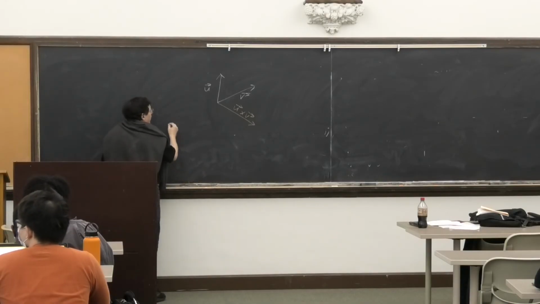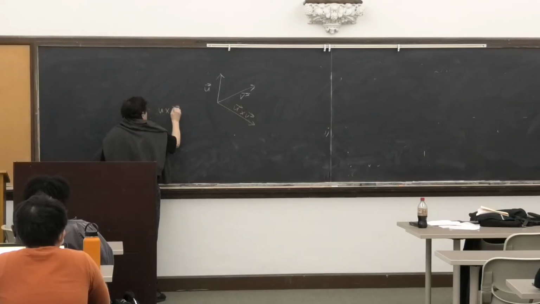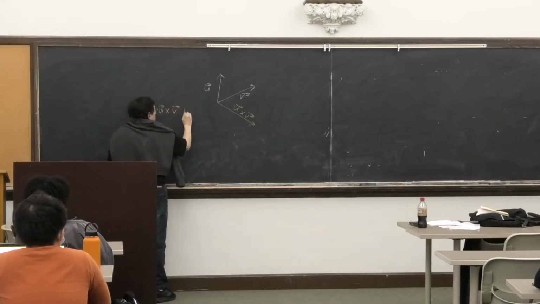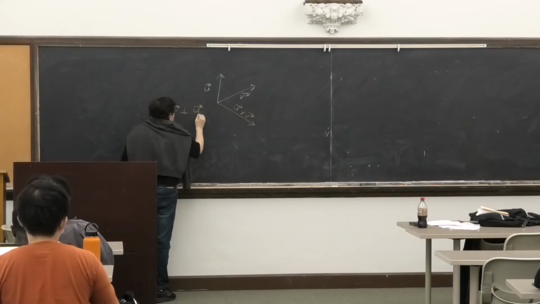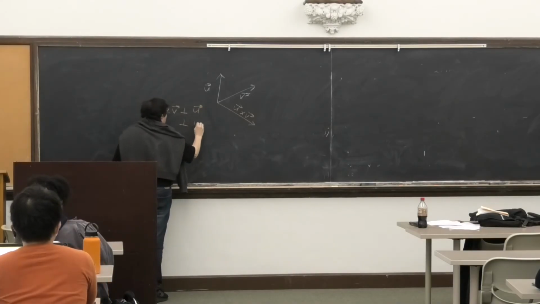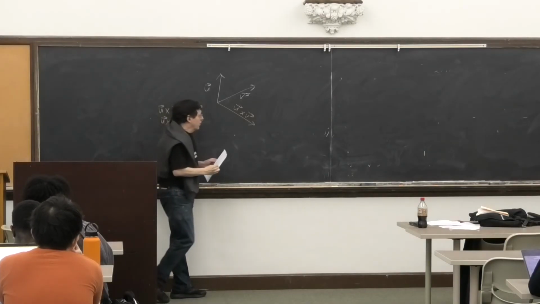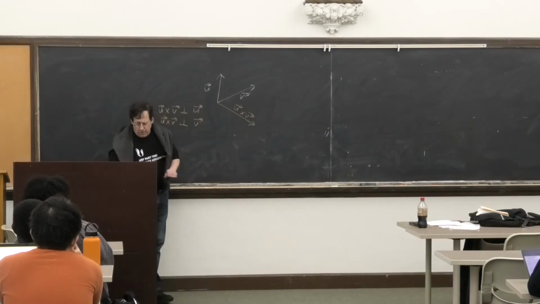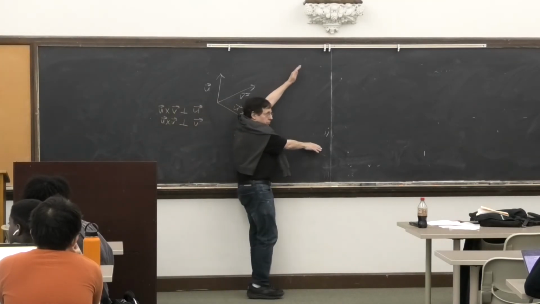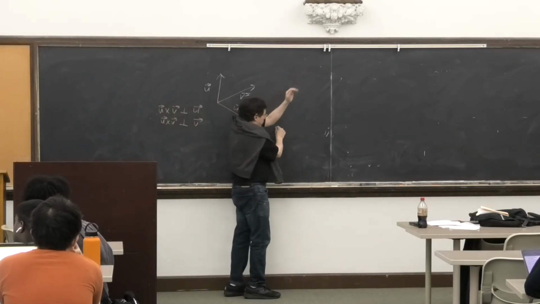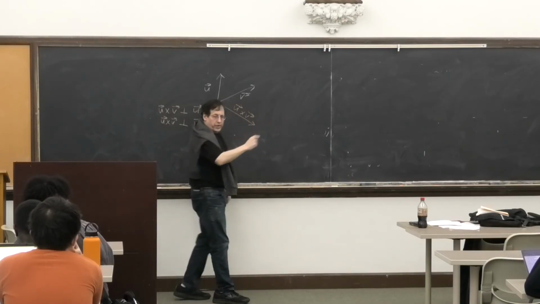One of them is that u cross v is going to be perpendicular to u, and it's going to be perpendicular to v. So again, you have to kind of think in 3 dimensions. If I have two vectors on the board, it's going to be a vector sticking straight out.